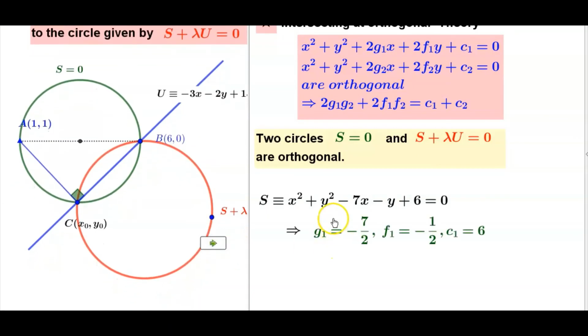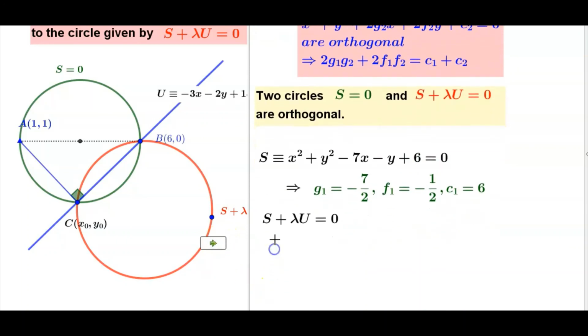From here, g1 is half of the coefficient of x, so we have minus 7 by 2. f1 is half of the coefficient of y, minus half. And c1 is 6.